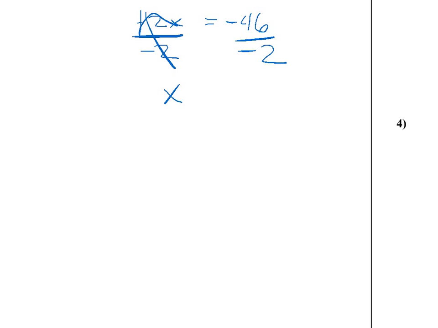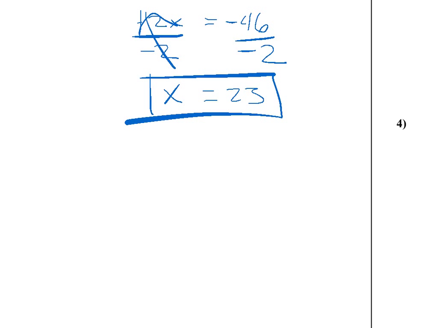That gives me x is equal to negative 46 divided by negative 2. 46 divided by 2 is... good date or bad date? Good date. So we're going to leave it positive. Boom. x is equal to 23. All right. Solved it. Yeah, question.